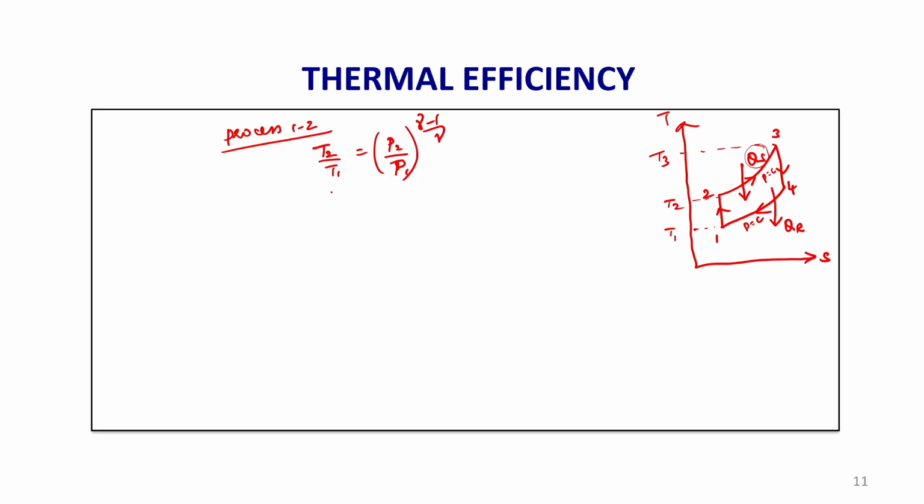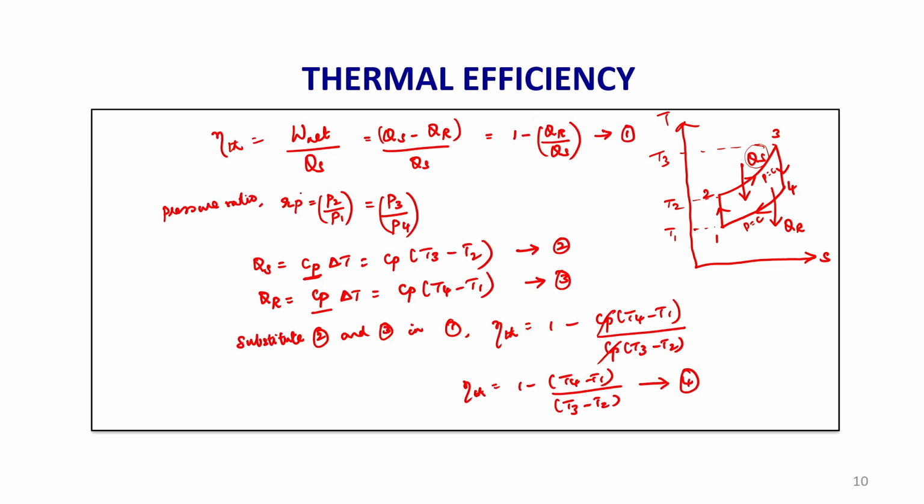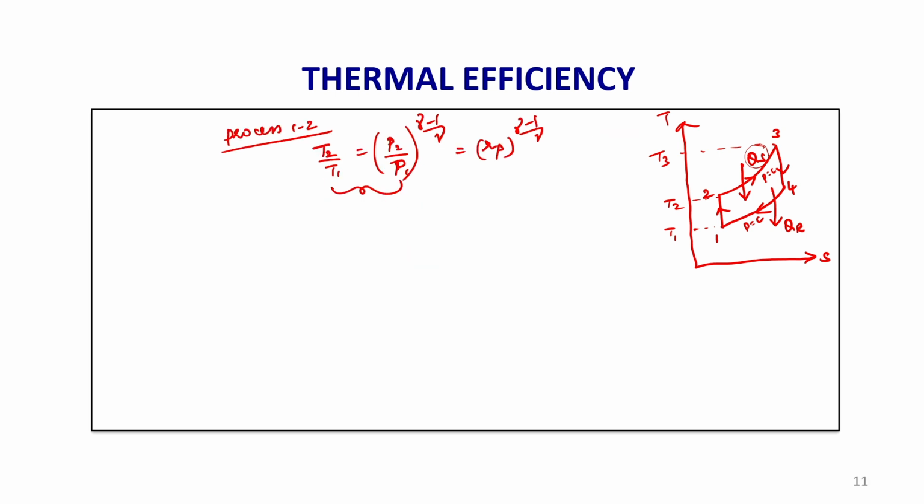Whereas if you are writing the relation between temperature and pressure, here it is 2 means here also it is 2, here it is T1 means here it is P1. Now this P2 by P1 is nothing but the pressure ratio Rp. So that is what I have substituted here.